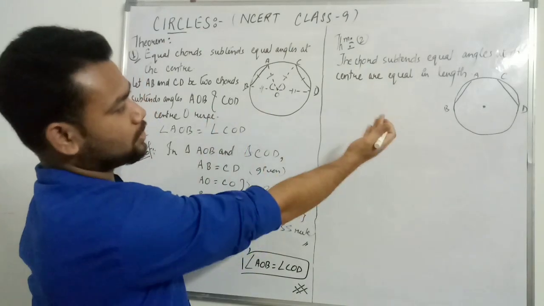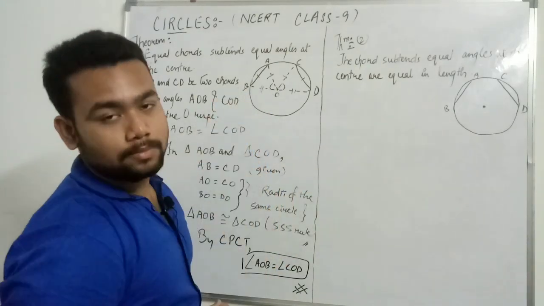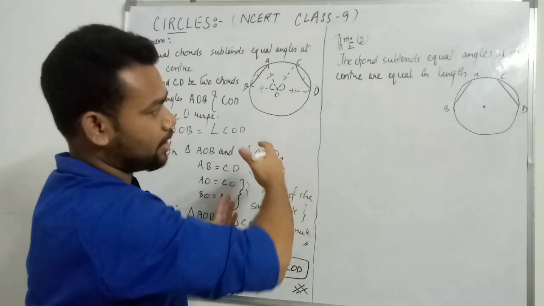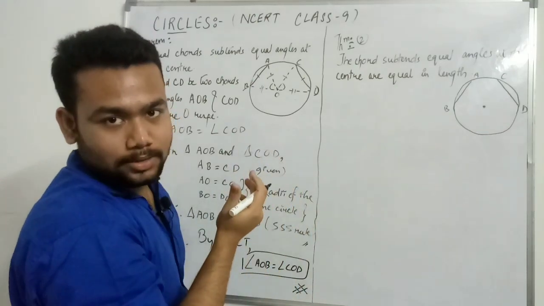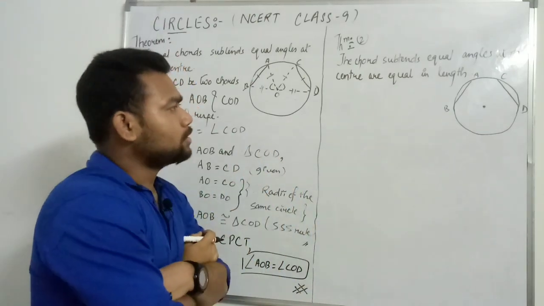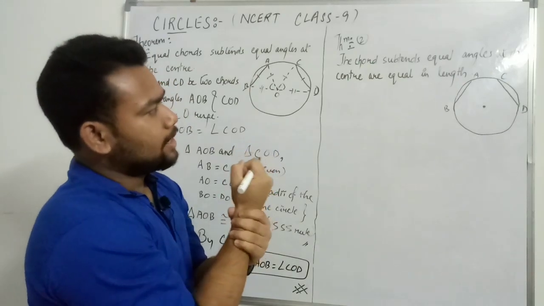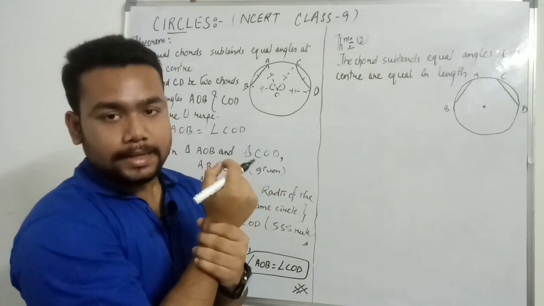See, it's the reverse. The second one is the reverse part of the first theorem. So that's why I write it together, right? So the chords that subtend equal angles at the center are equal in length.